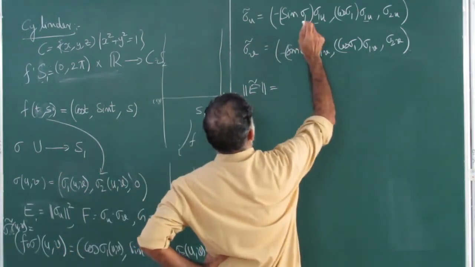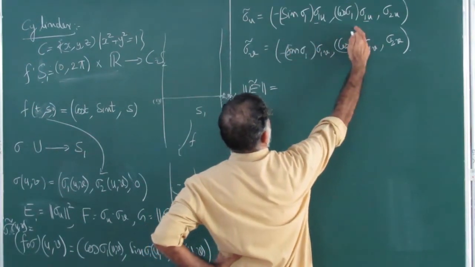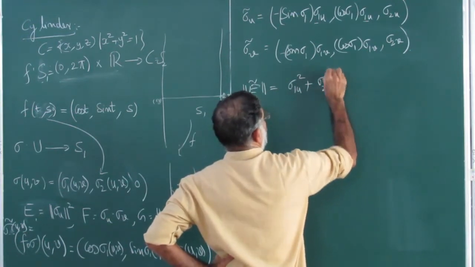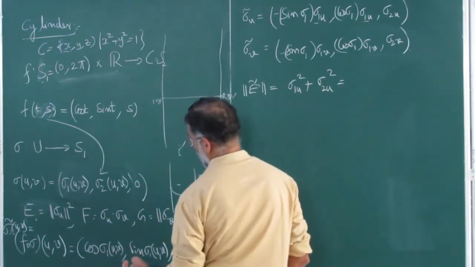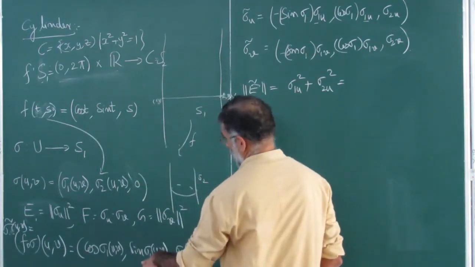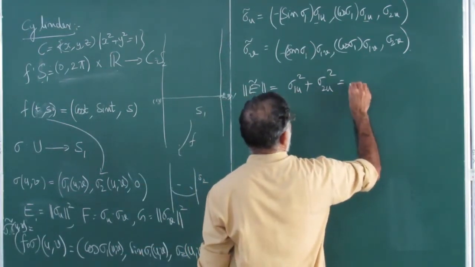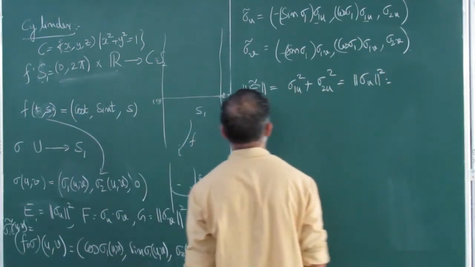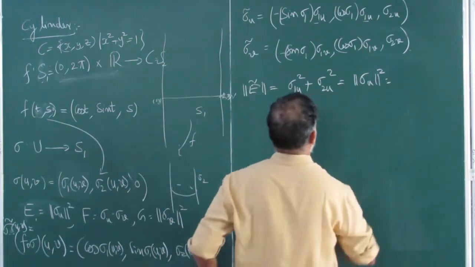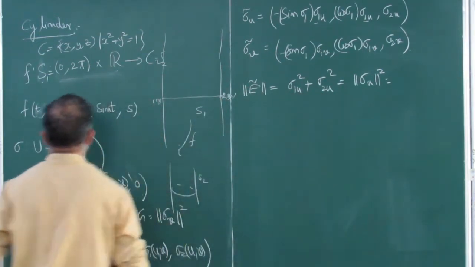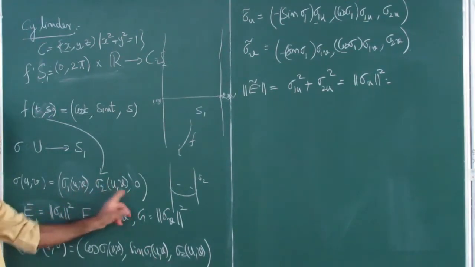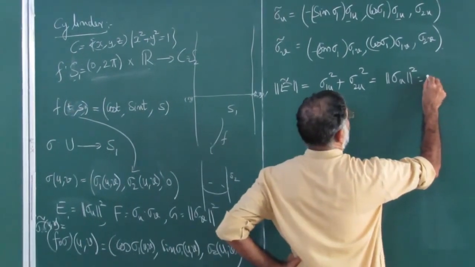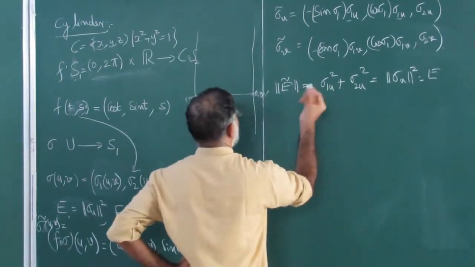This is going to be sine squared plus cos squared, so that gives sigma 1 u squared plus sigma 2 u squared. That is exactly the same as the norm of sigma u squared, where sigma is sigma 1, sigma 2, 0, so its norm is equal to E, and the same thing holds for everything.